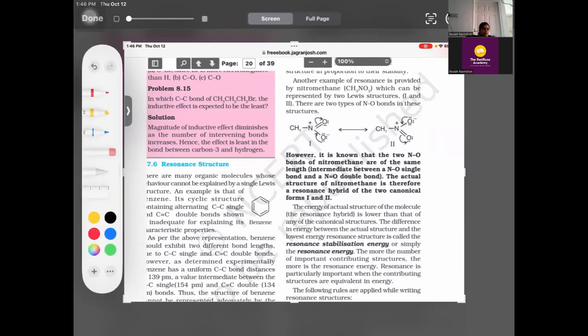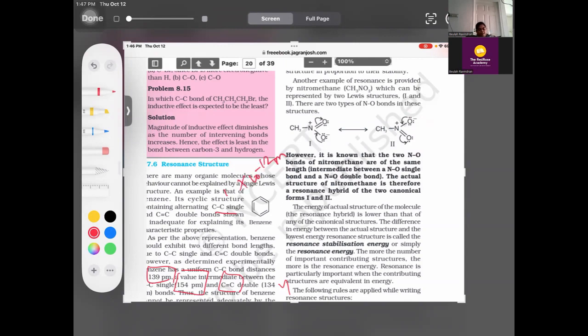As we have seen, in a carbon-carbon single bond the bond length is 154 picometer, and in a carbon-carbon double bond it is 134 picometer. But in the hybrid structure in between, it is 139 picometer. Picometer means 10 to the power minus 12 meter.